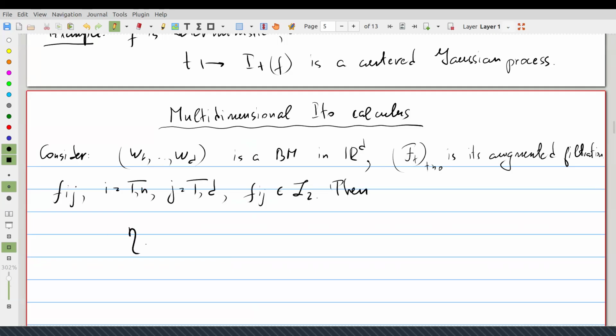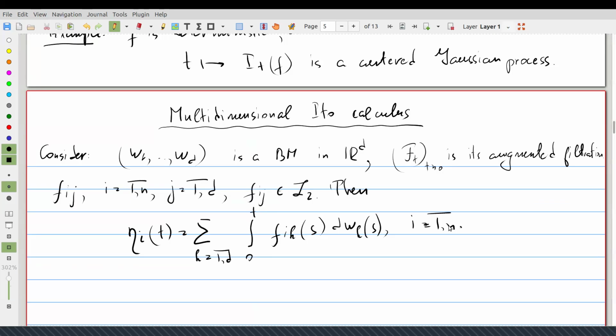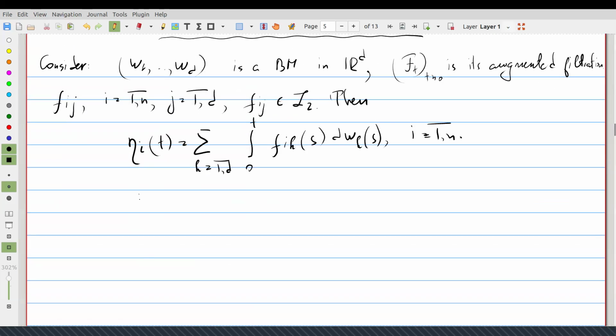Then we can define eta_i(t) as follows, and starting from this moment, we will actually use this notation more and more, up to the moment where we totally switch to this maybe more familiar notation for stochastic integrals. So this is just a sum of stochastic integrals. And then we can define eta as a process that has these eta_i's as its coordinates.